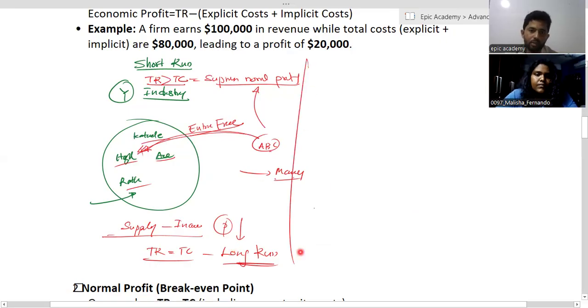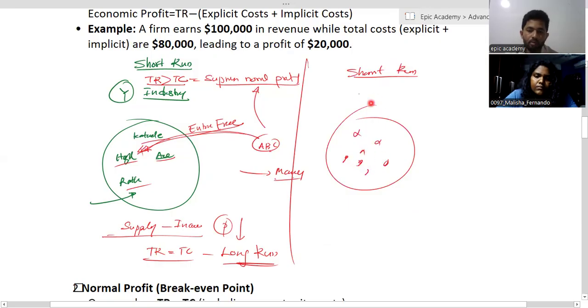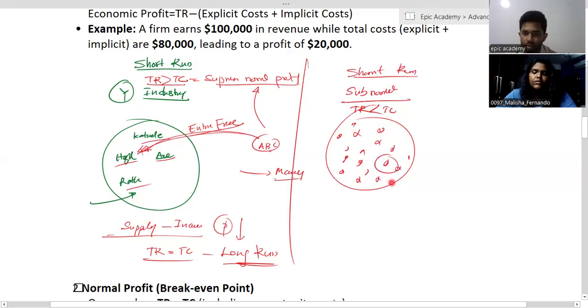As another example, just consider this industry is running in the short run. Few firms are there. They are producing yogurt, but they are getting subnormal profit. Subnormal profit means total revenue is less than total cost. So firms operating in this industry identify that they are getting losses, and they try to exit from the market, because exit is free.